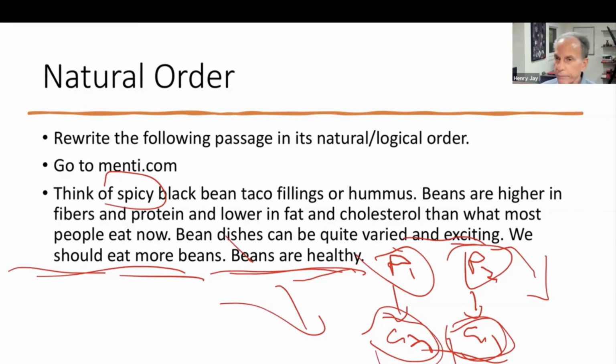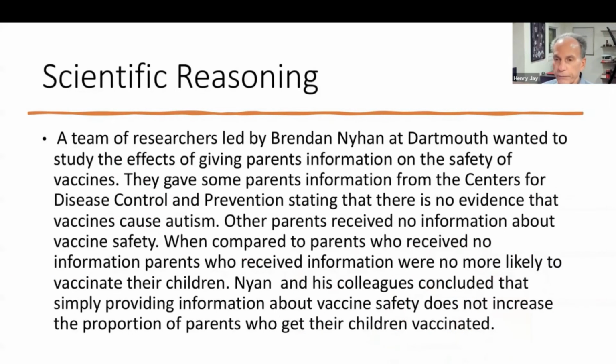And again, just like reading a scientific paper. Well, here's an example of scientific reasoning. A team of researchers wanted to study the effects of giving patients information on vaccine safety. All right, that's the aim.